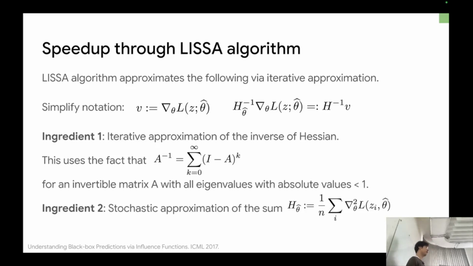We have two ingredients. One is the approximation of the inverse of a matrix with a geometric sum. The second ingredient is realizing that the Hessian is a summation over a lot of individual Hessians over all training samples. We have seen something like that before in SGD training, right?